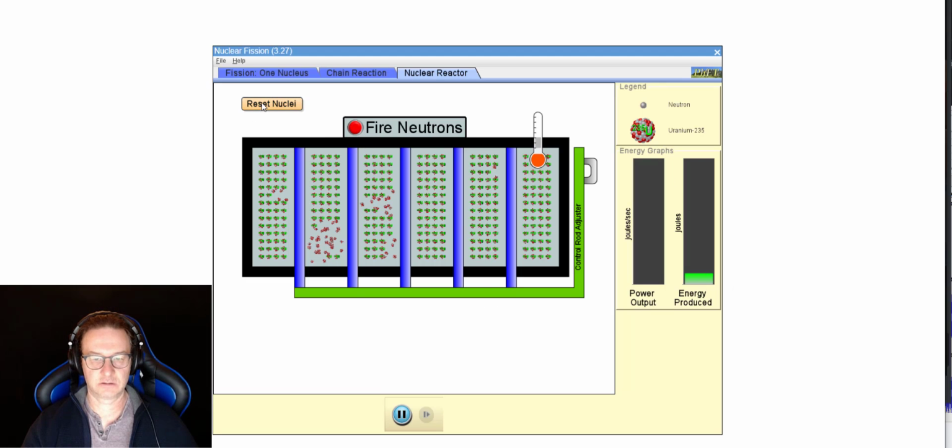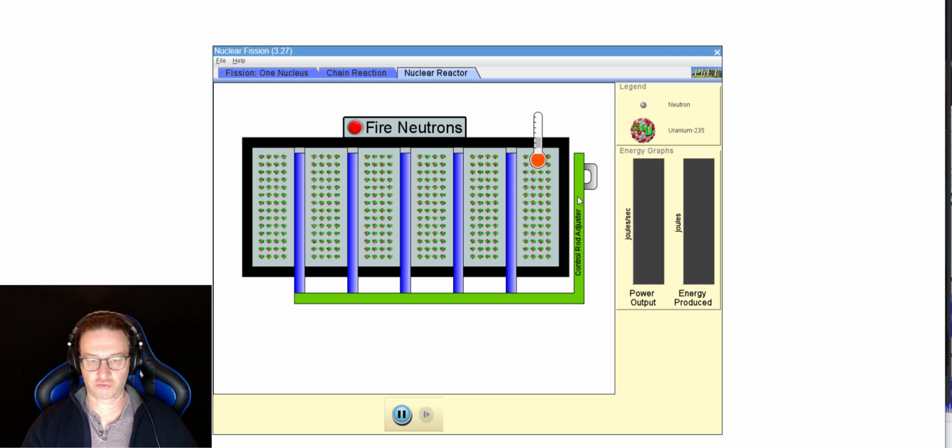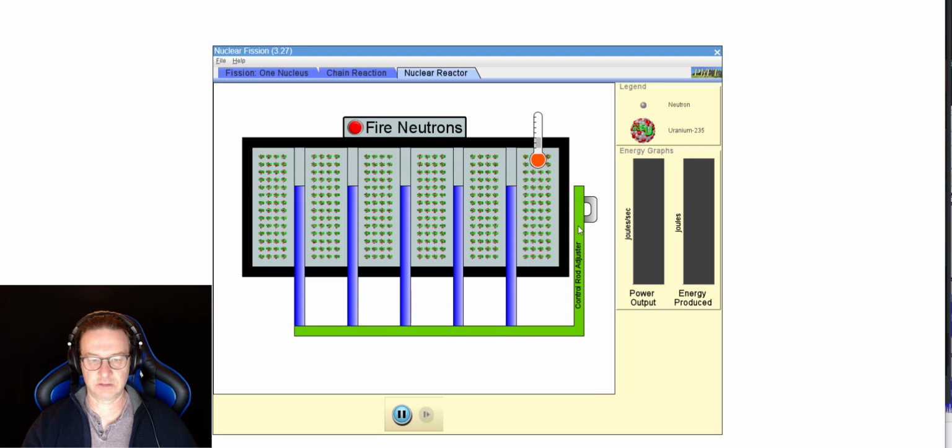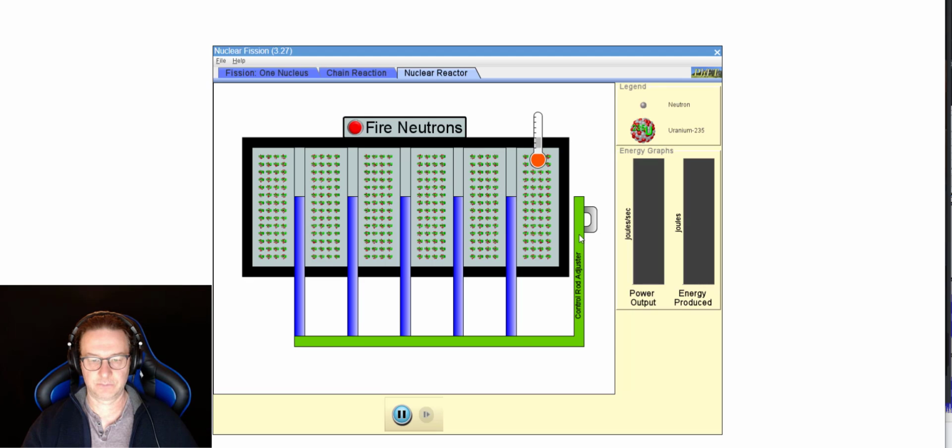Now if we reset, there's a question about what is the purpose of the control rods. Well, as you might see from the name, it's to control the reaction. So if I move these down, now I've opened up some space between these chambers. I still have some control here. And I start firing in neutrons.